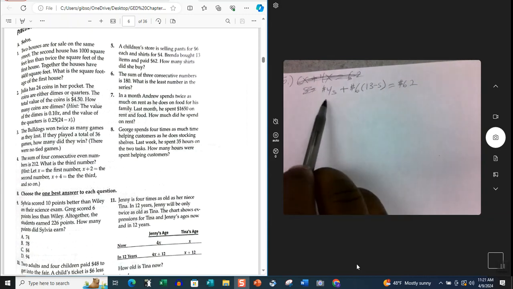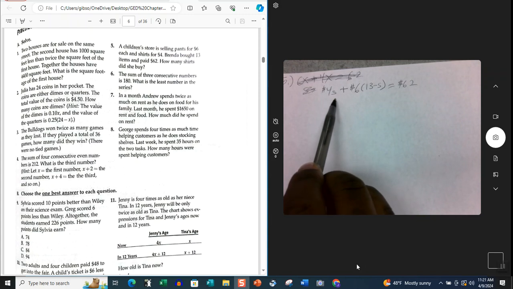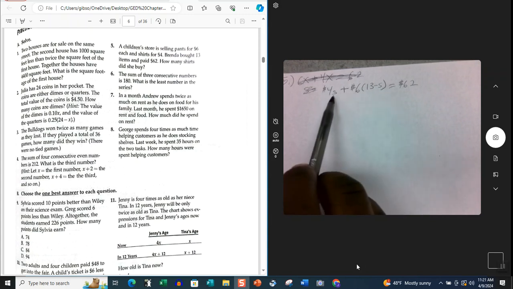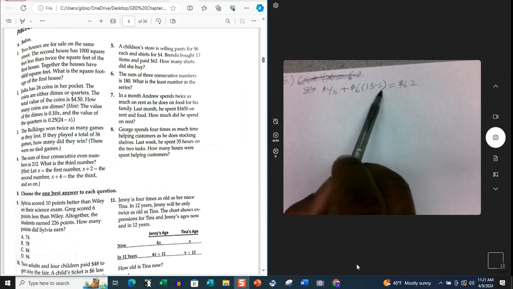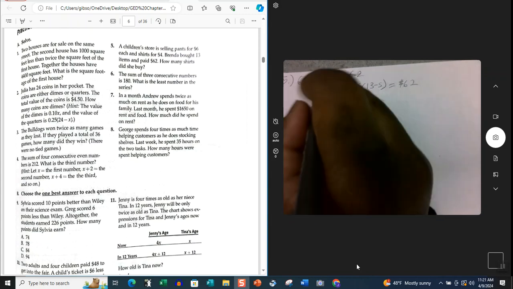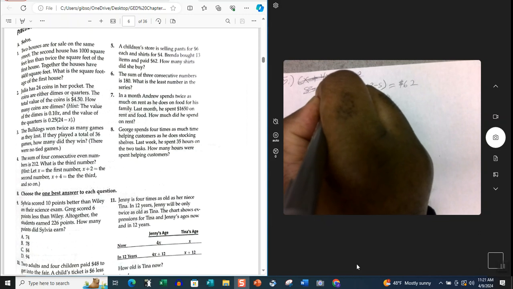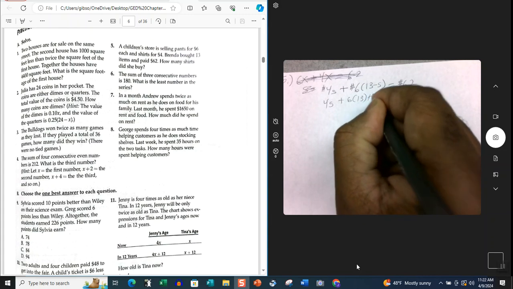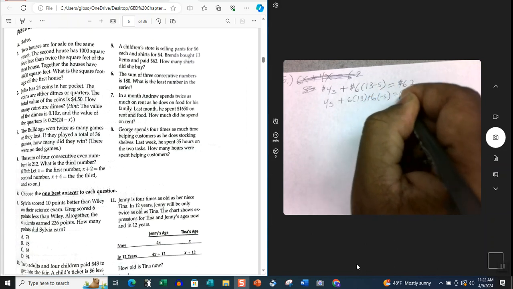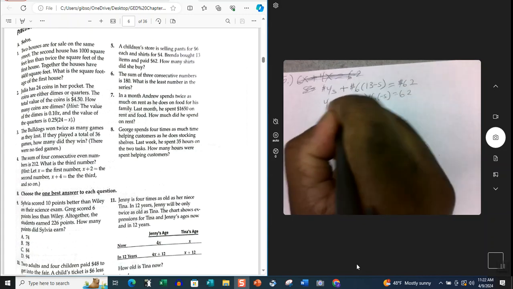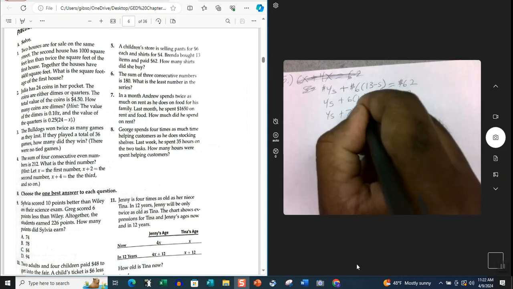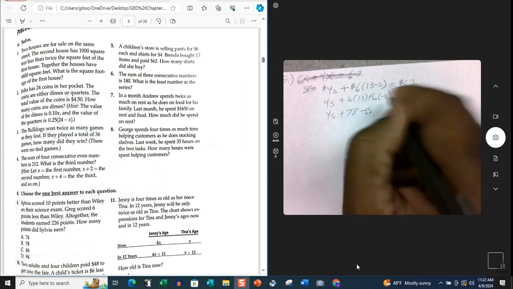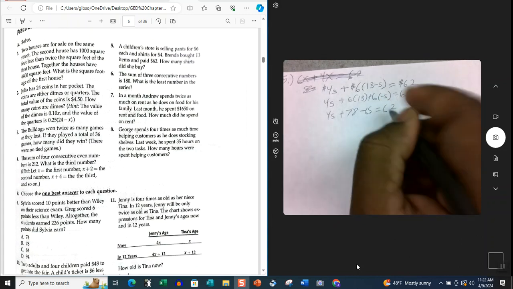So just to go through it again, it's $4 for shirts, it's $6 for pants. But the pants will be determined by how many shirts we have: 13 minus how many shirts we have. So we will have 4s plus 6 times 13 plus 6 times negative s is equal to 62. So we have 4s plus 78 minus 6s is equal to 62.